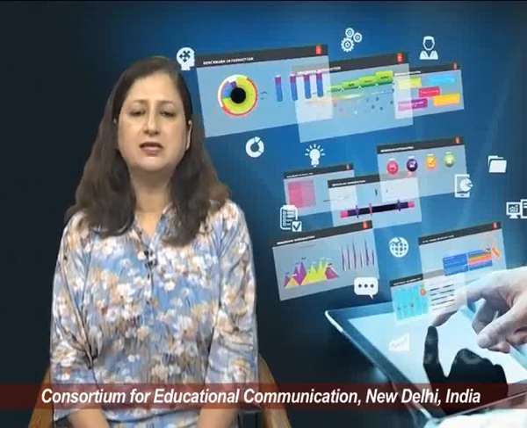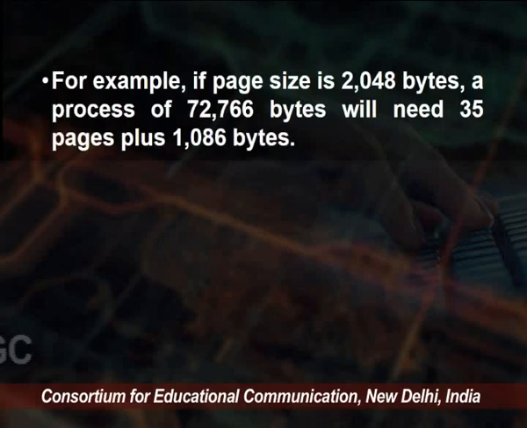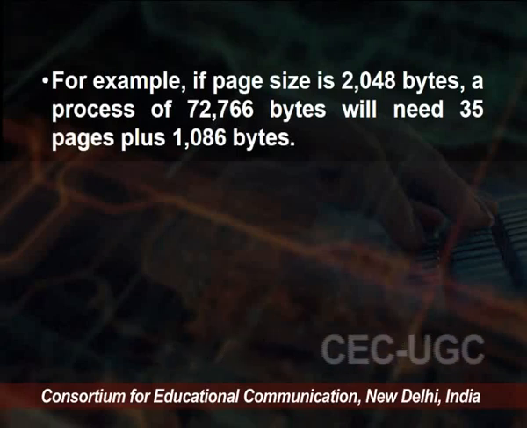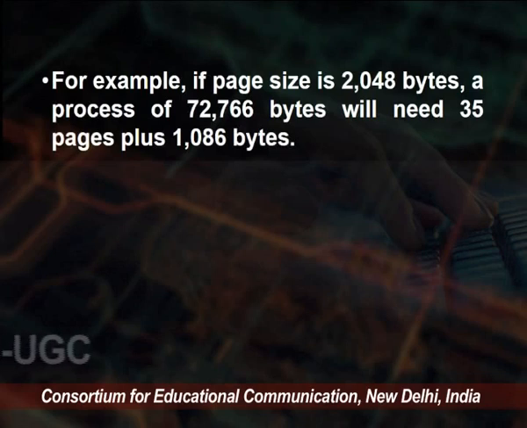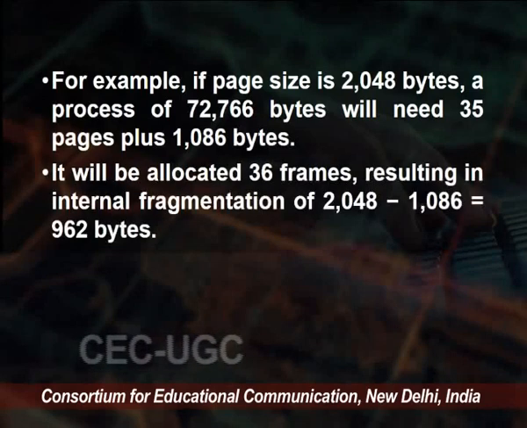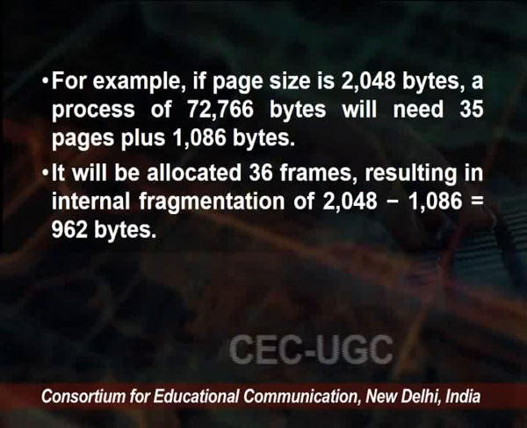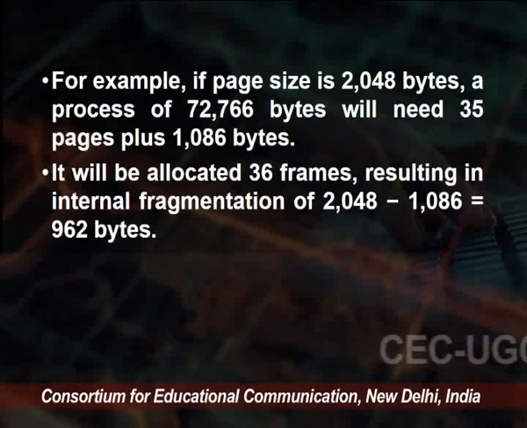For example, let's take an example. If the page size is 2048 bytes, and there is a process which requires 72,766 bytes, what will happen? It will use 35 pages plus some extra bytes, so it will require 36 frames.